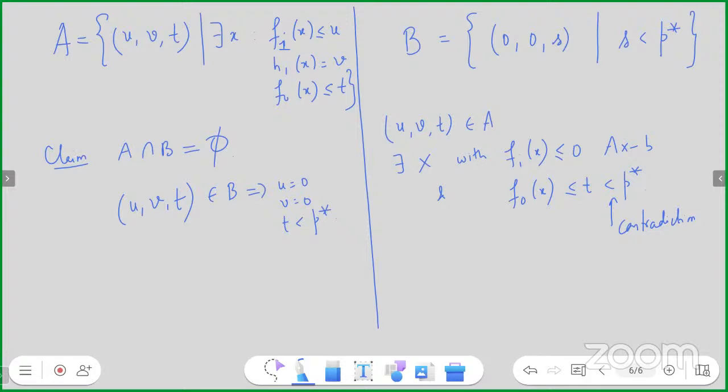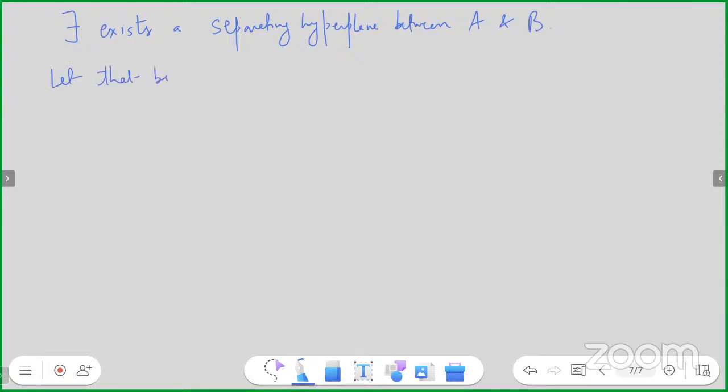What are these? They are convex sets. They need not be strictly, but separately have a separating hyperplane. Therefore, let that be.